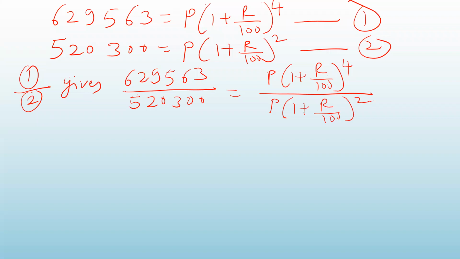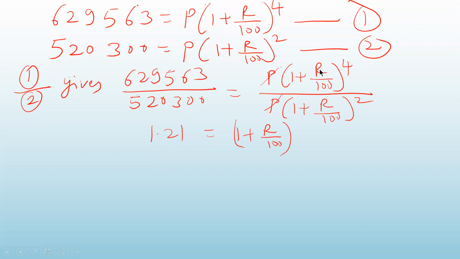Okay, so the left hand side, 6,29,563 divided by 5,20,300 gives me 1.21. Okay, and here P and P will get cancelled and I will get 1 plus R upon 100. See, here the power is 4 and with the same base the power here is 2.